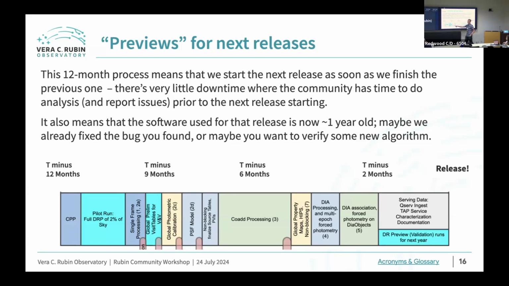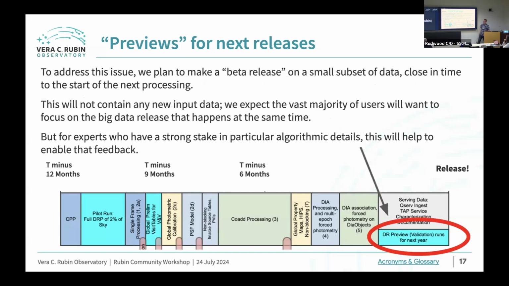And so we've done another year of software development, improving algorithms, adding new functionality, things that users might want to investigate. People might have strong feelings about how this one particular algorithm works. And if that has changed in the past year, then they don't have a data set to work with to verify that we've done the right thing for their science.